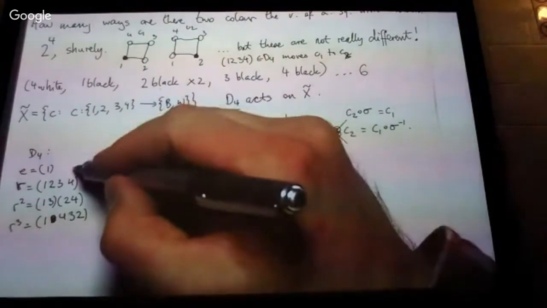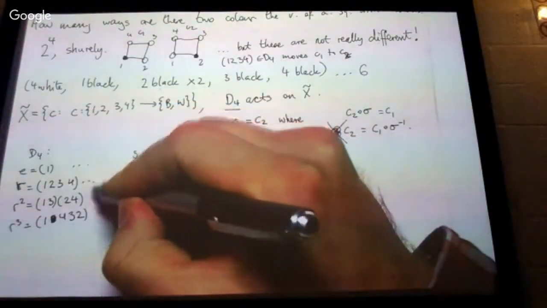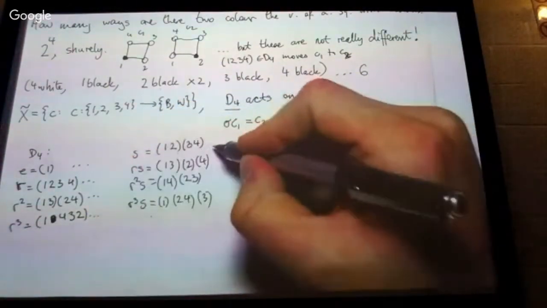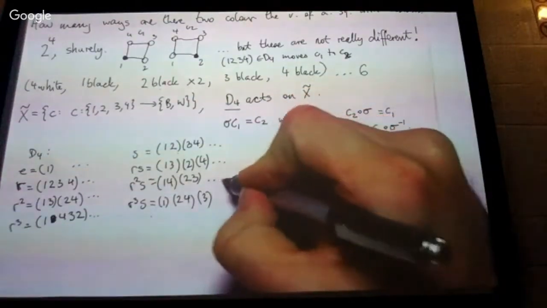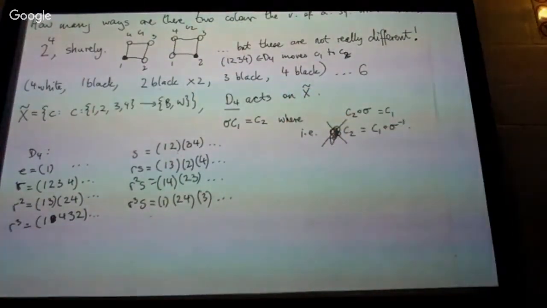How many fixed points? First one's 4. Rotations. So the identity fixes everything. That's 16.